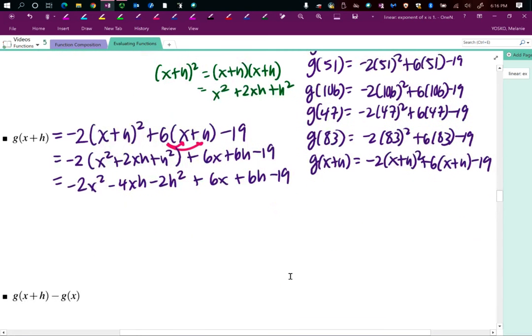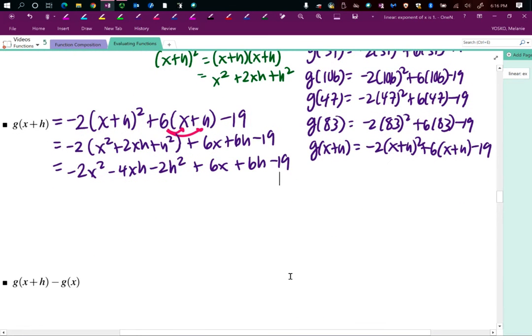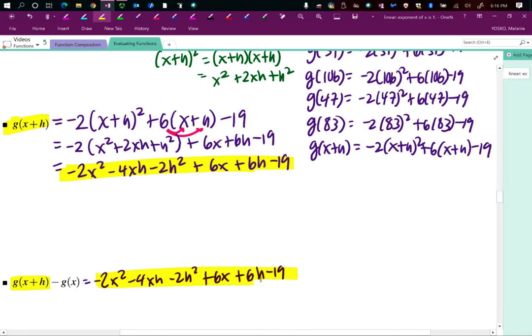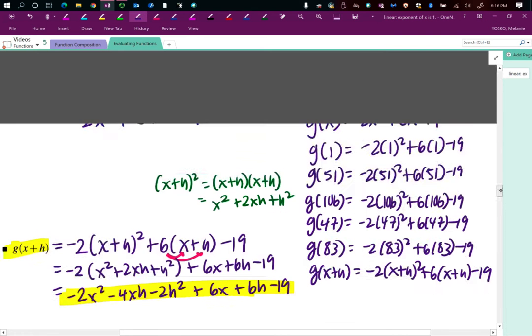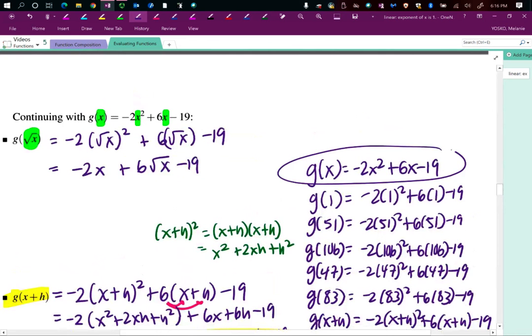The next step in the difference quotient is to take all of that, everything we just simplified, g of x plus h, and we're going to rewrite it. Rewrite it just like that. Then we're going to put a minus sign, and we're going to open a set of parentheses, and we're going to write the original function g of x, and I have it right here.